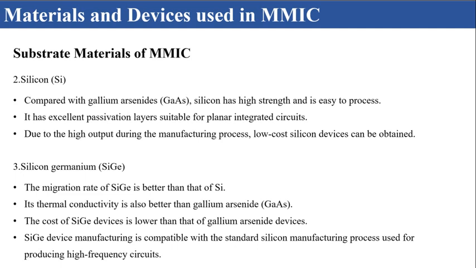Silicon germanium device manufacturing is compatible with the standard silicon manufacturing process used for producing higher frequency circuits. Only a small number of silicon germanium transistors are used in mobile phones, while thousands of silicon germanium transistors are used in fields such as optical switches, DACs, and ADCs.